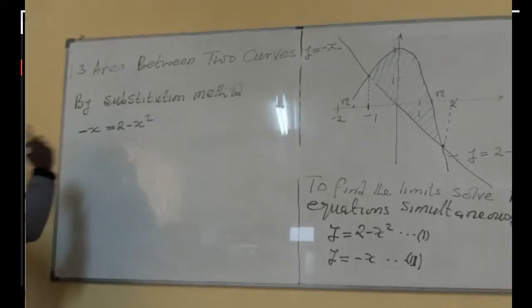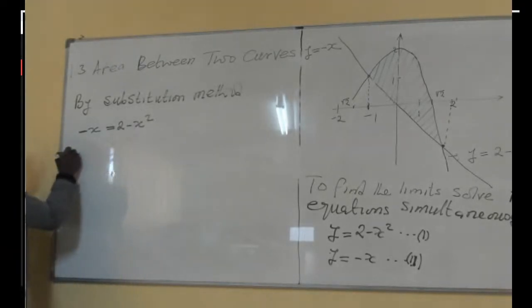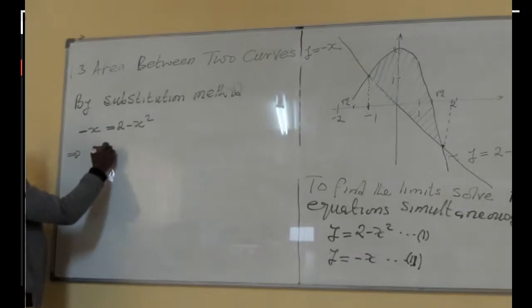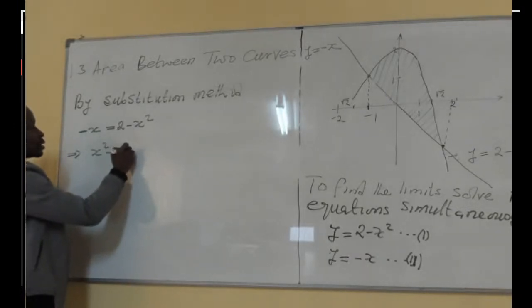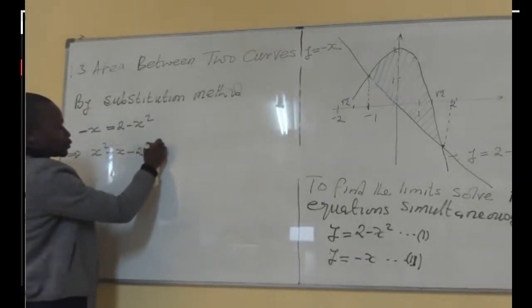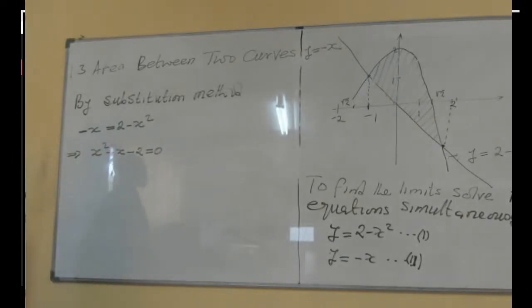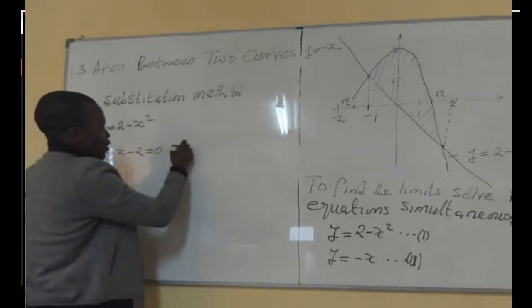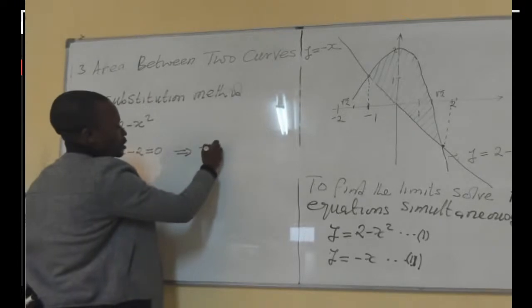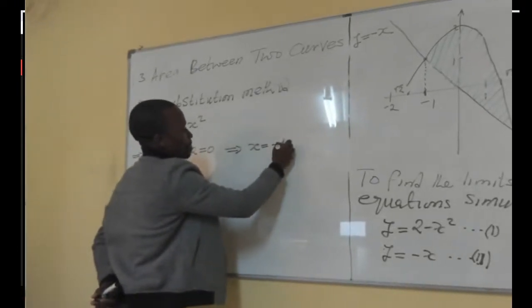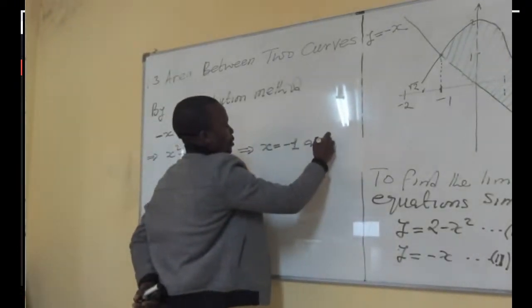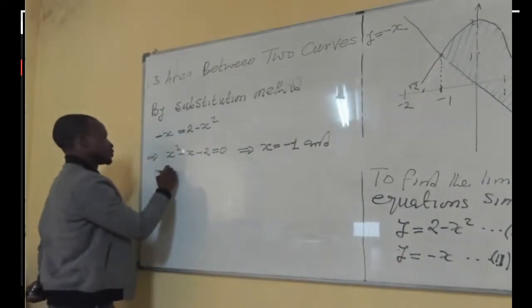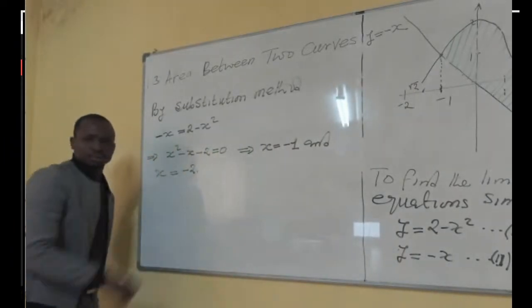When we simplify this, this will give us x squared minus x minus 2 is equal to 0. When we solve for x, this implies x is equal to negative 1 and x is equal to 2.